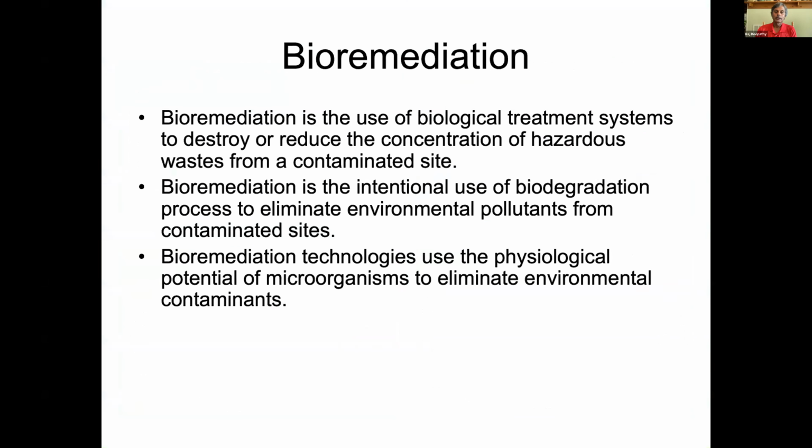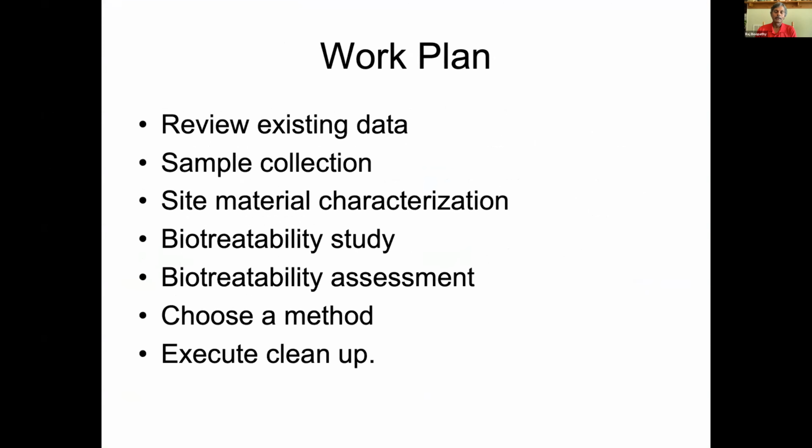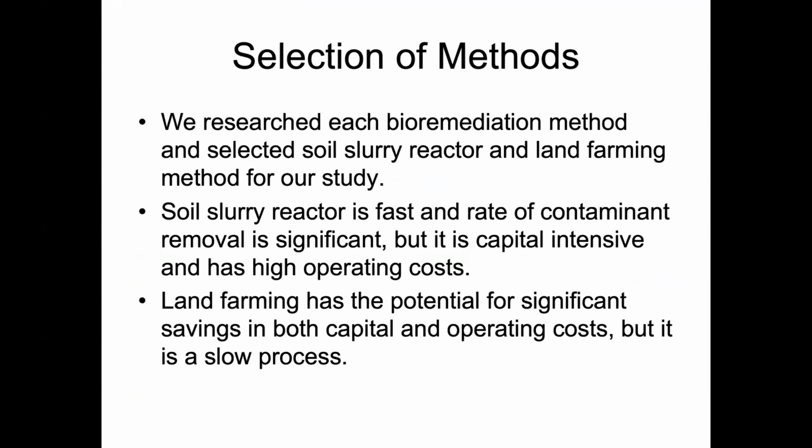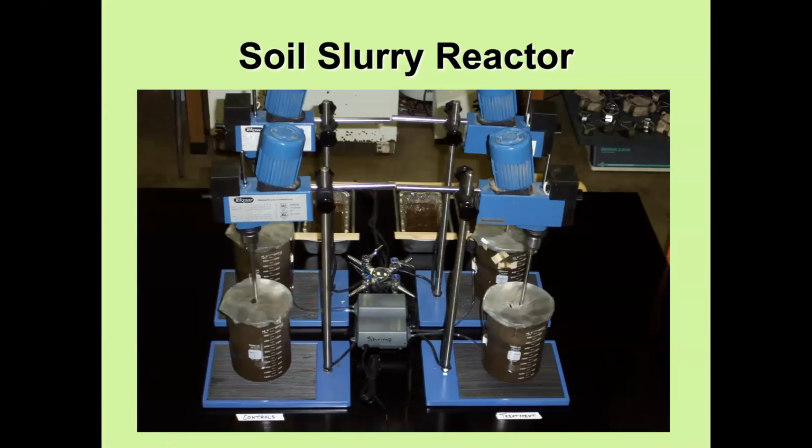So this is a small lab study I'm showing you now. We need to move to the application part, how we can clean up the real site. So we selected two methods, a soil slurry reactor and a land farming method. We set up a small scale where we have two sets of reactors that use molasses as carbon source as a co-metabolic condition.